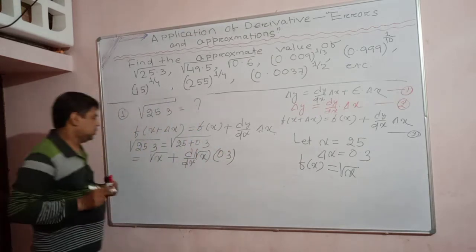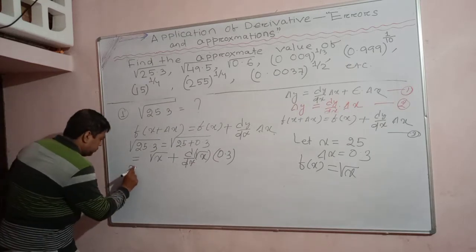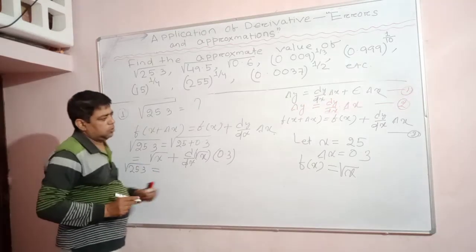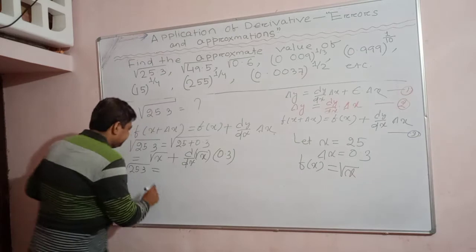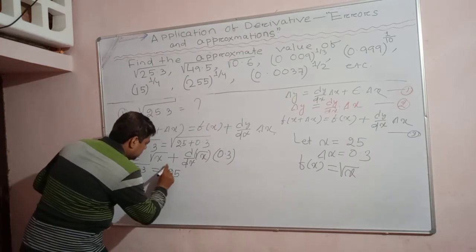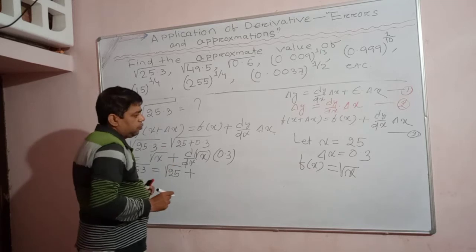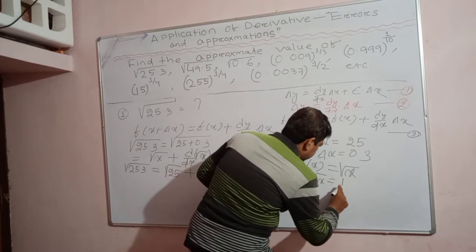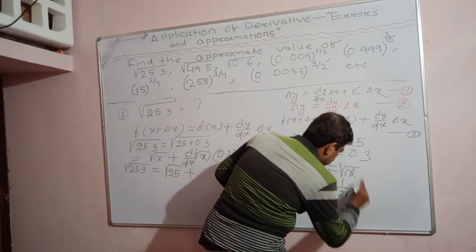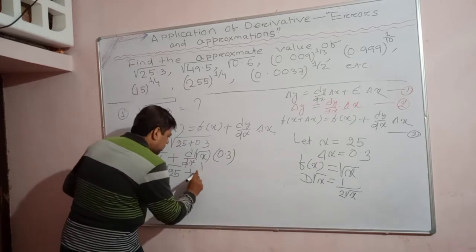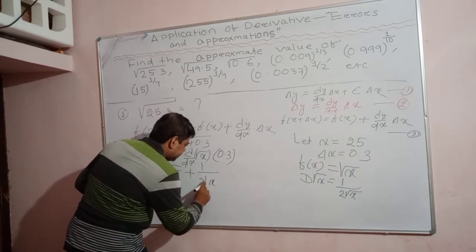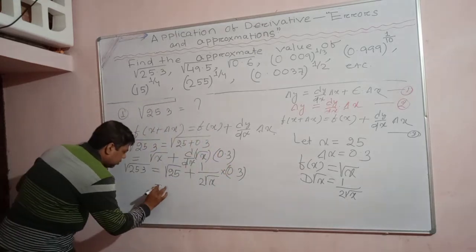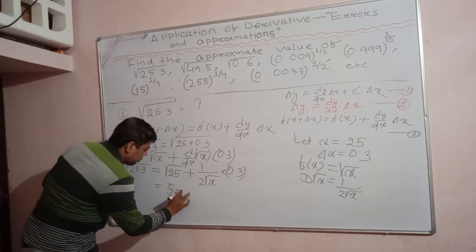So that implies the square root of 25.3 is equal to, now in place of x we write 25, root, plus the derivative of root x. All of you know the derivative is 1 divided by 2 root x, into 0.3. The square root of 25 is 5.